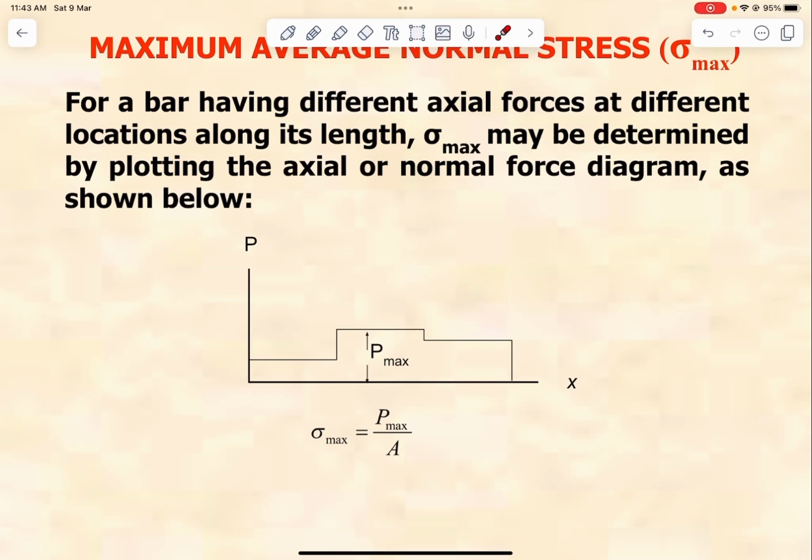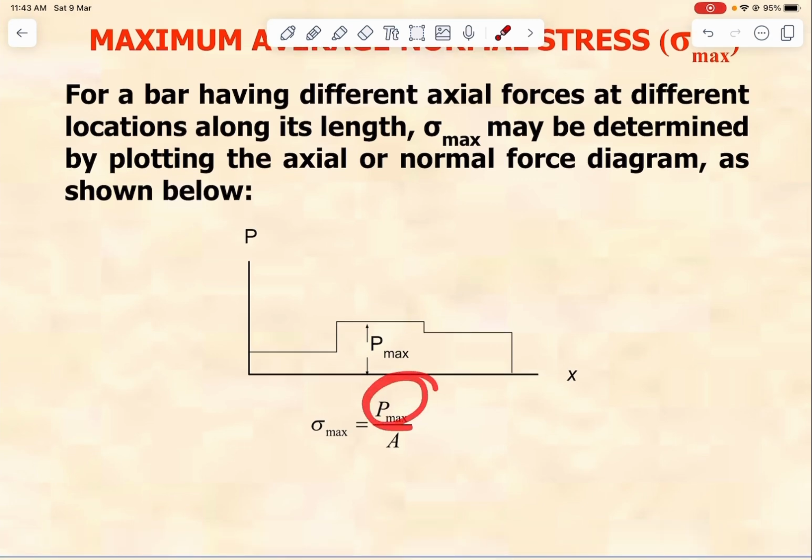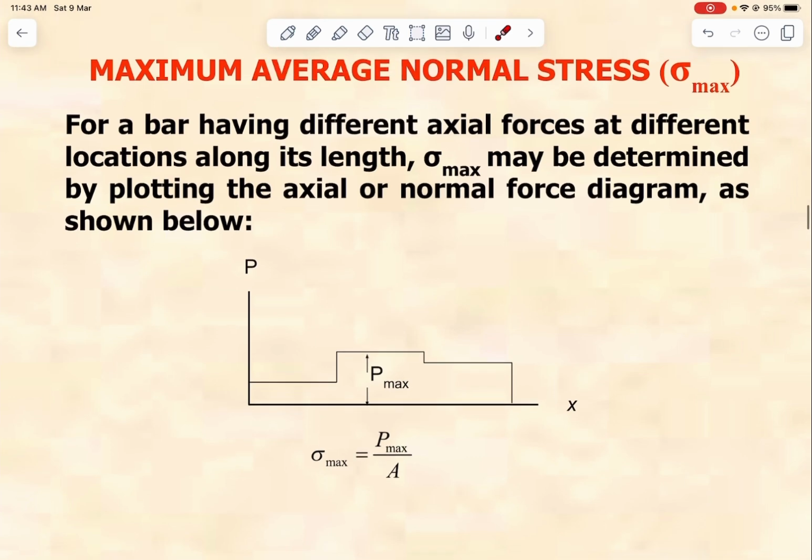For a bar having different axial forces at different locations along its length, the maximum average normal stress can be determined. We will not plot this diagram, but we will find where the largest normal force is acting, and this largest normal force is going to correspond to the largest sigma.